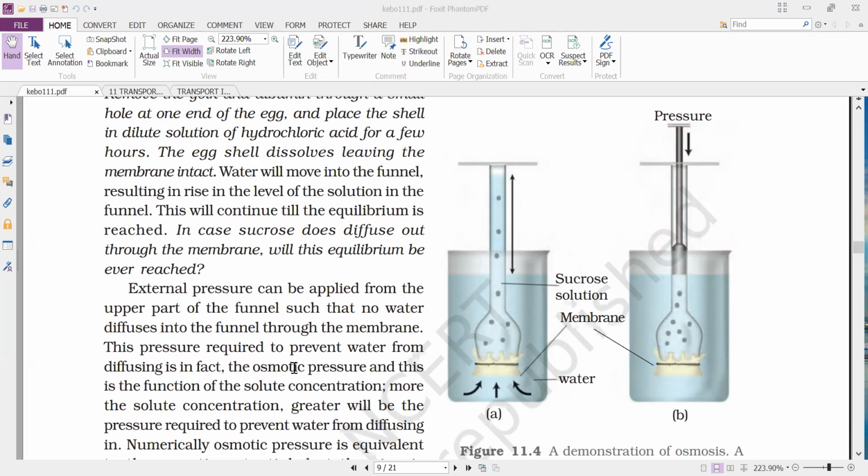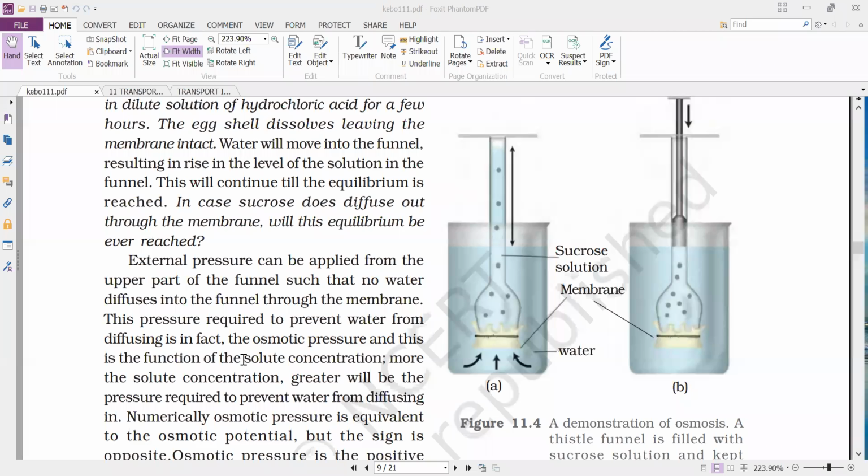That pressure we call osmotic pressure. The pressure required to prevent water from diffusing in is in fact the osmotic pressure, and this is a function of solute concentration. The more the solute concentration, the greater the pressure required to prevent water from diffusing in.